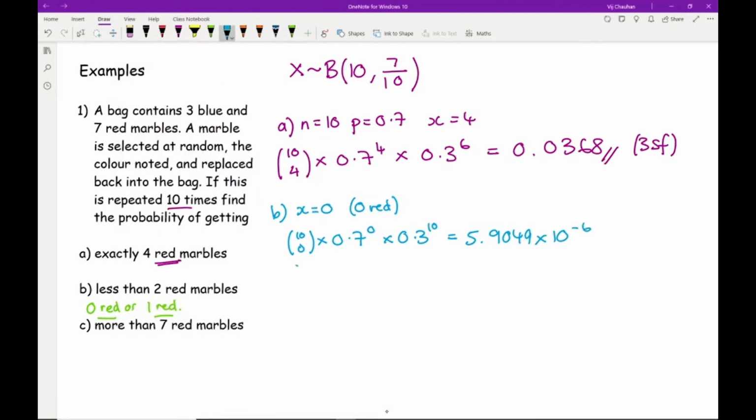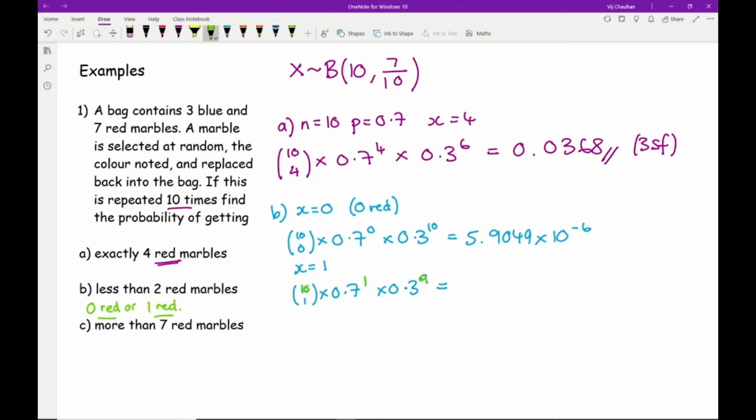Now let's do when I get 1 red. Again I'm going to have 10 C 1 times 0.7 to the power of 1 times 0.3 to the power of 9. Using your initiative, the powers need to both add up to the total number of trials, so that's just one way to make sure that you've done it correctly.